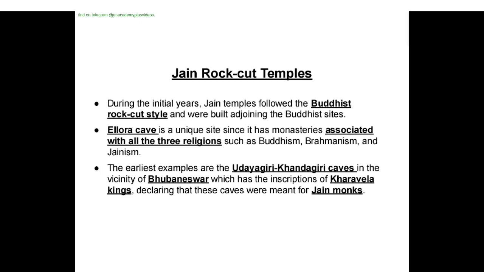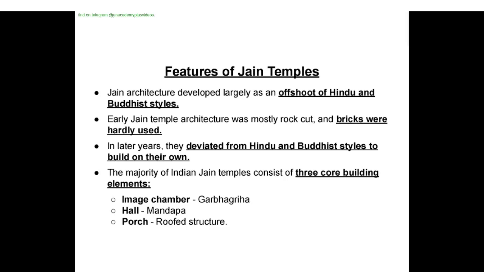Ellora cave is a unique site since it has monasteries associated with all three religions: Buddhism, Brahmanism, and Jainism. The earliest examples are the Udaygiri Khandagiri caves in the vicinity of Bhubaneswar, which has inscriptions of Kharavela kings declaring that these caves were meant for Jain monks.